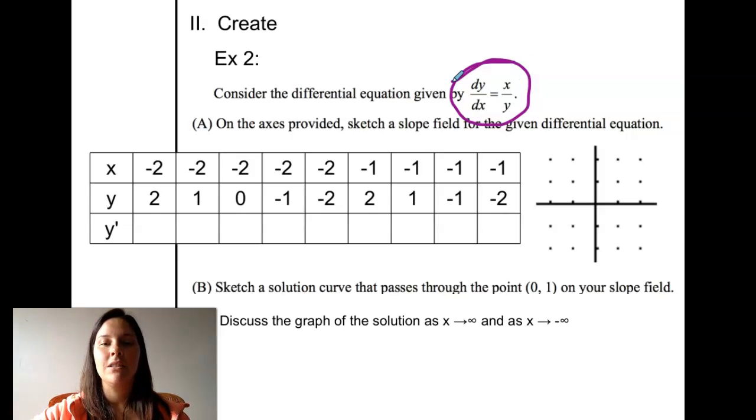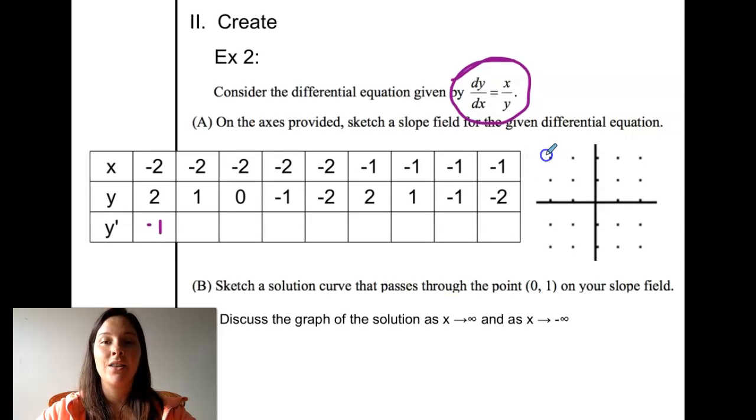Filling in this table, negative 2 divided by 2 is negative 1. So at the point negative 2, 2 on the graph, we will sketch a little line that has a slope of negative 1. So think about drawing a perfectly diagonal line that would aim right towards the origin. Those lines would have a slope of 1.